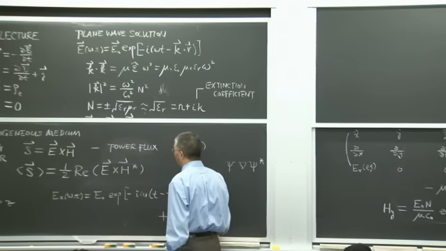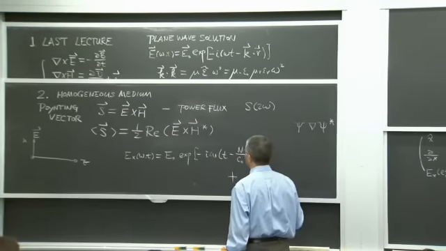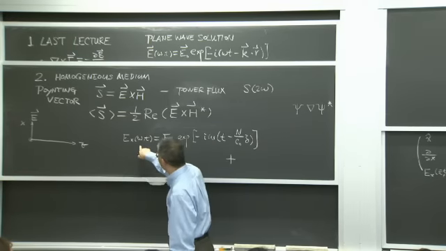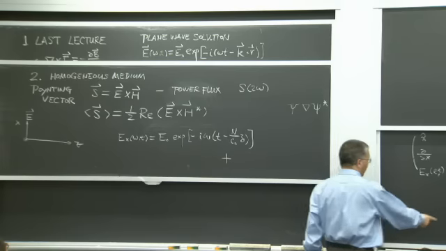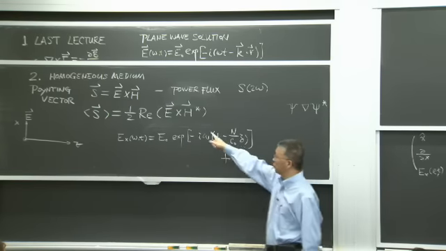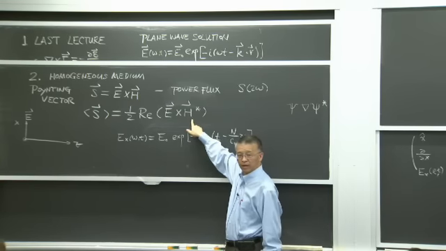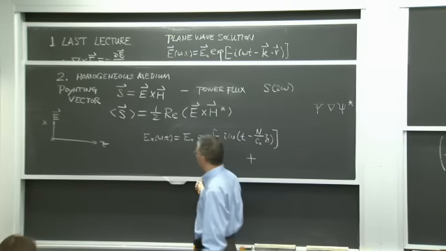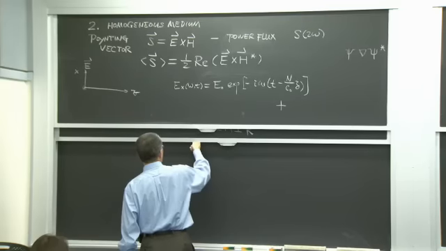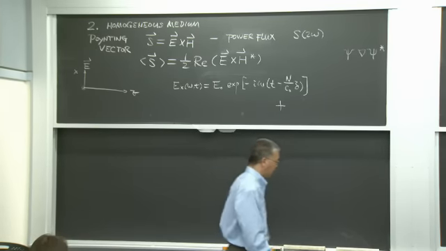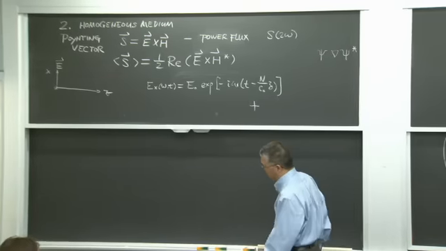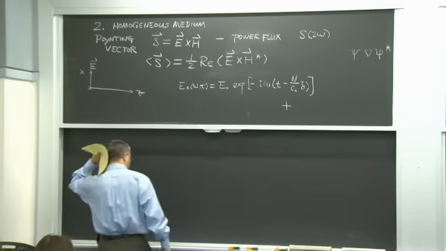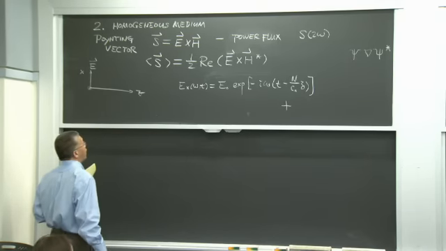Okay, so I'm not done yet. I have my Ex, I have my Hy, and I can go calculate the Poynting vector, right? So let's calculate the Poynting vector. This is the complexity with vector waves: you always have to do vector operations.